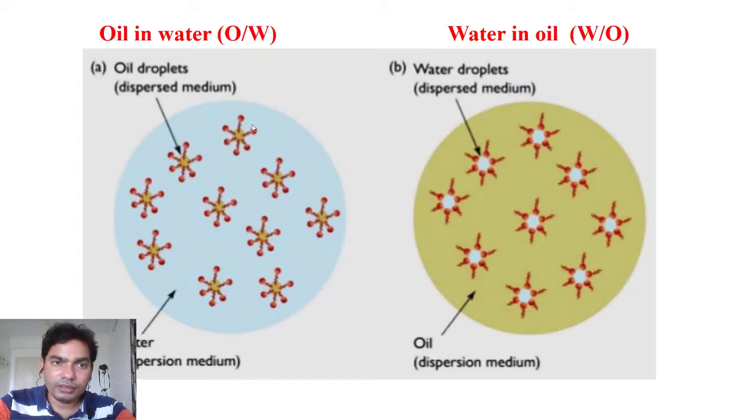So they can disperse like oil droplets. These are the oil droplets, right? You can do this experiment at home. In a bucket full of water, you just drop 4-5 drops of oil and disperse them and see the formation, right? Micellar formation, water dispersion medium.